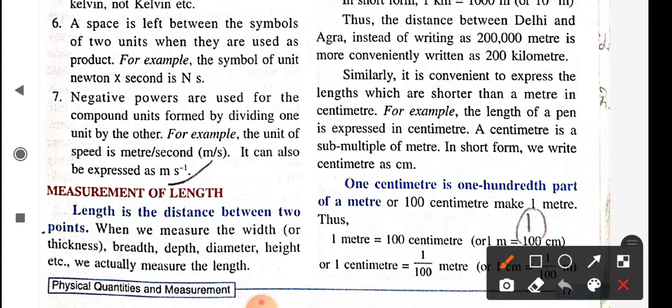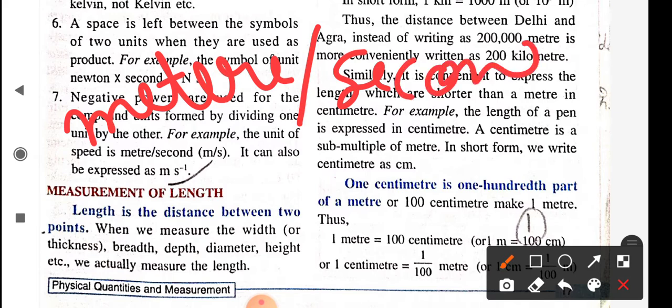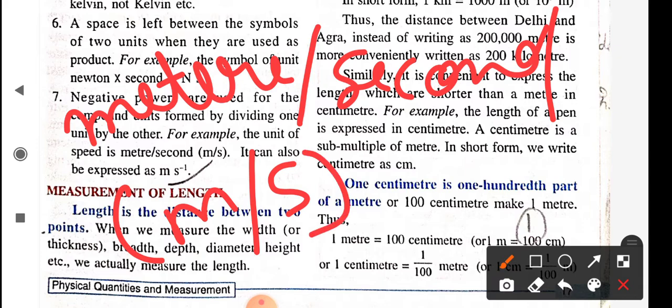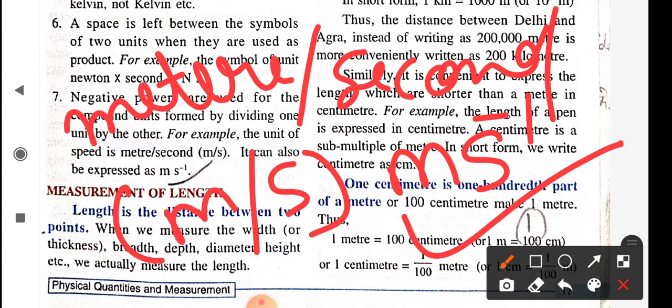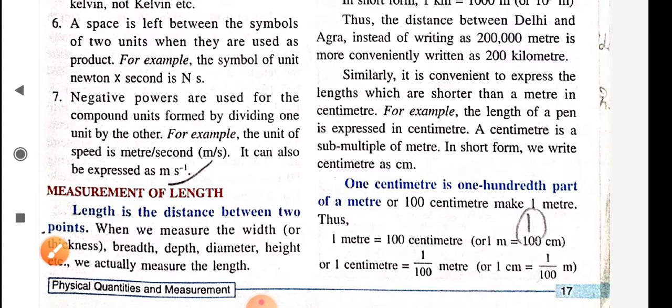Example, meter per second. In a negative power, we write meter second inverse. This pattern is right. So these are the seven points about writing SI units.